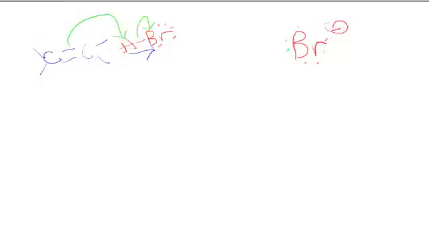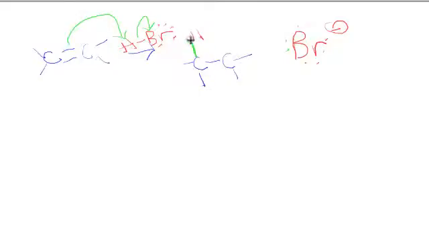Meanwhile, the carbon-based species, which is always the most important to us as organic chemists, has lost a pi bond, and in its place, that pair of electrons that used to be part of the pi bond goes to make a sigma bond with the proton.